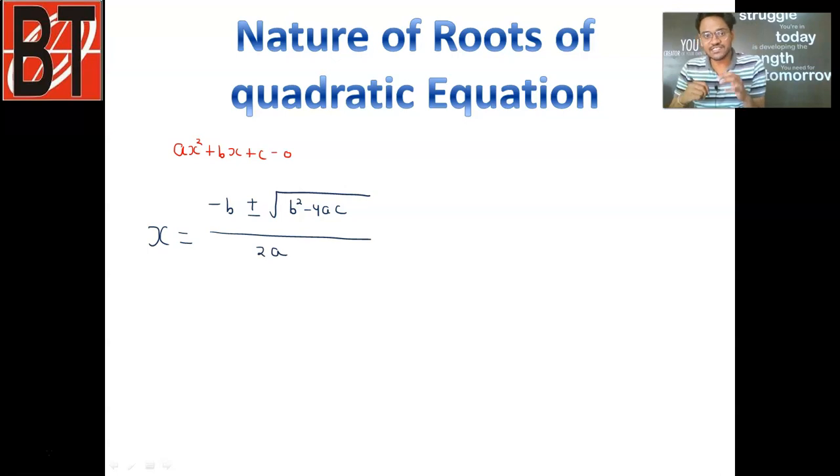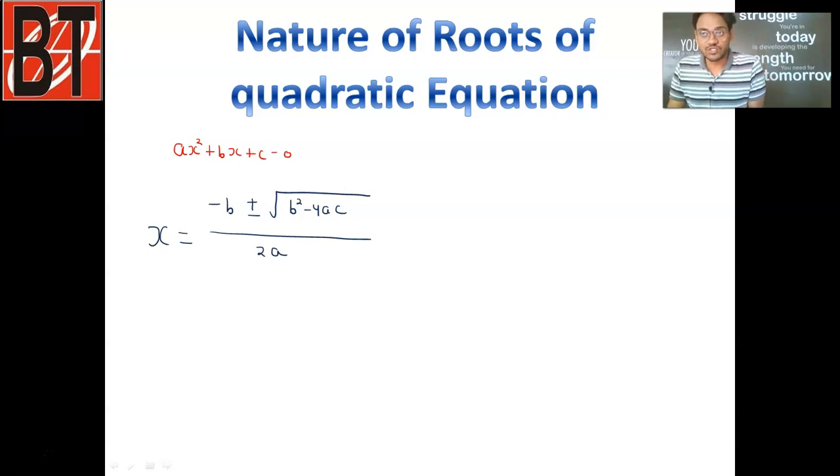Now we have to discuss the nature of the two roots. When we take the plus sign between minus b and root b square minus 4ac, we get the first root, and for the second root we take the negative sign in between. So we will have two roots. Now we will discuss what kind of roots there will be.